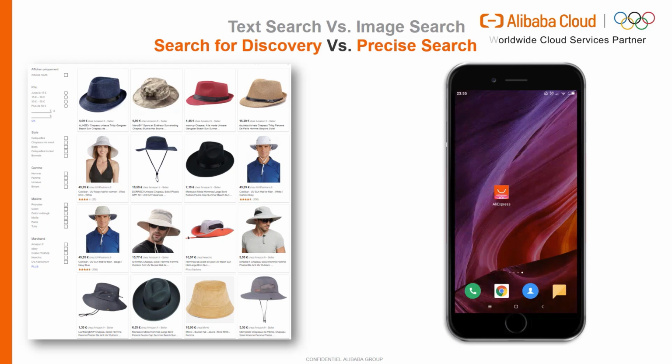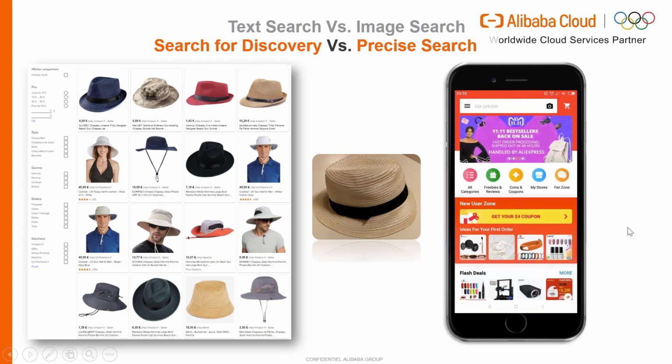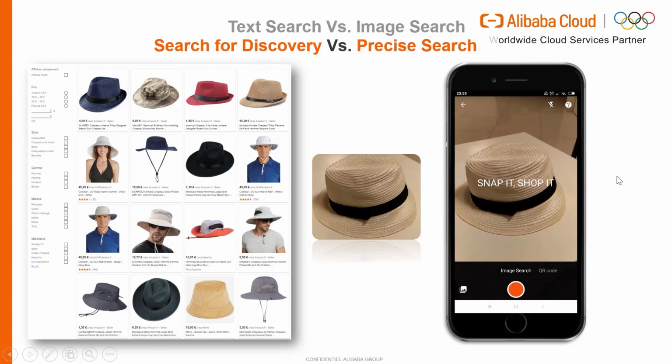And the precise search means your customer knows already what he's searching for. Sometimes they have already the photo of the product. Let me show you how it works on Alibaba AliExpress website. So the customer can use a mobile application to take a picture of the product.